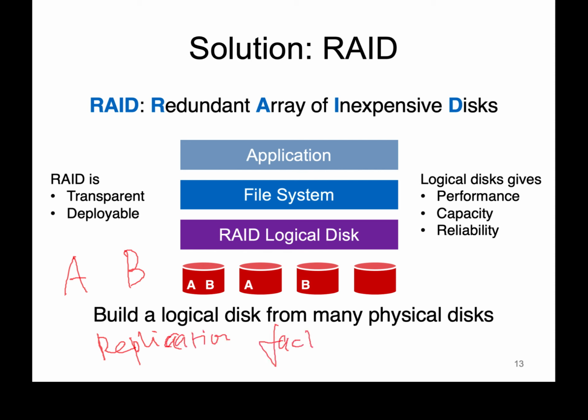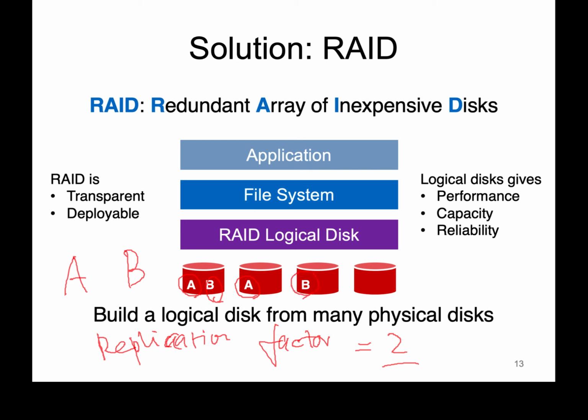Replication factor is equal to 2 in this case. So according to its replication and data placement policy, in this specific case, block A gets duplicated in the first disk and the second disk, whereas block B is duplicated in the first disk and the third disk.